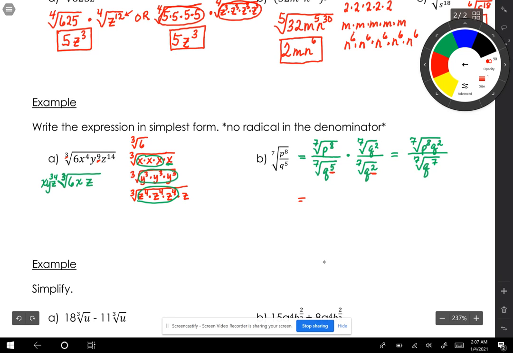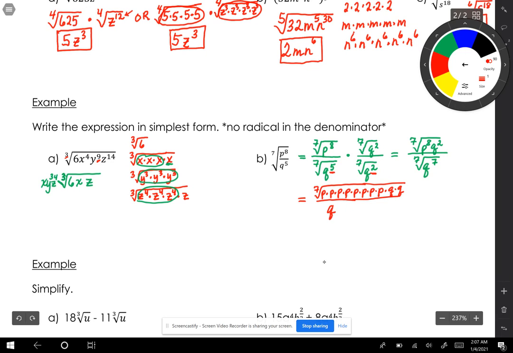So the bottom is nice because 7 divided by 7 is 1. So it's q to the 1st. The top, we can break it down like this. I have 8 of these and 2 of the q's.